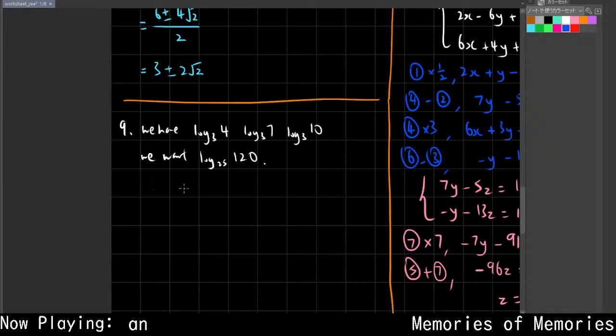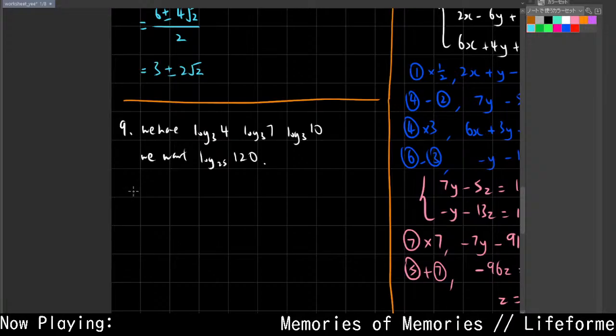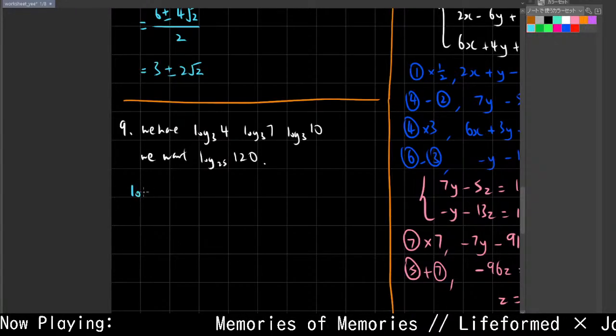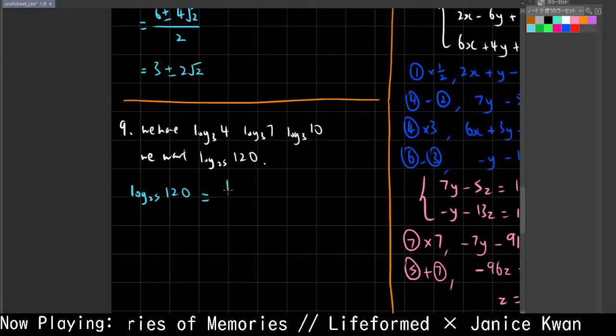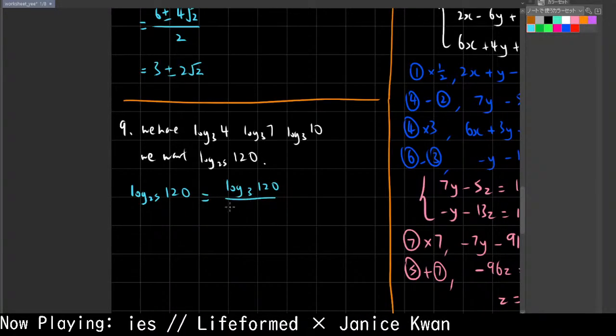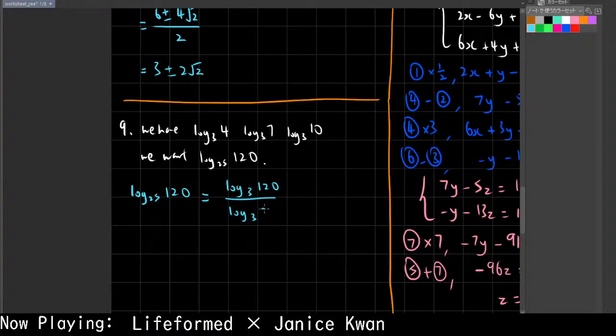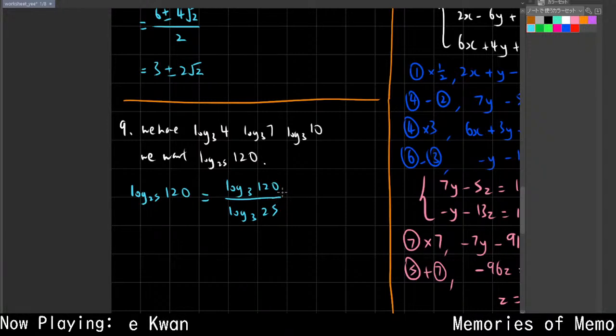So to start things off, we will turn them both into base 3 to facilitate ease of things, because all the things that you have is in base 3, everything.